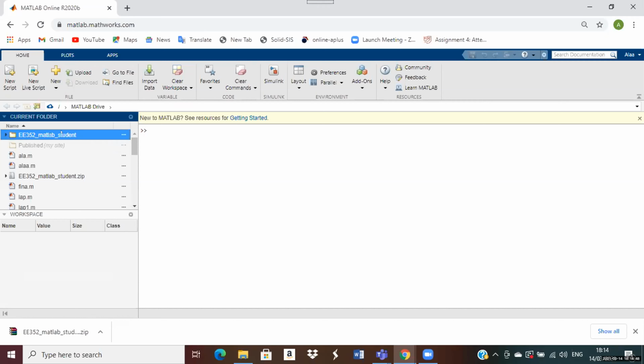Double click on this folder. Again, double click. Click again. Here is your file, AM double sideband suppressed carrier. Double click on it and it will open up.